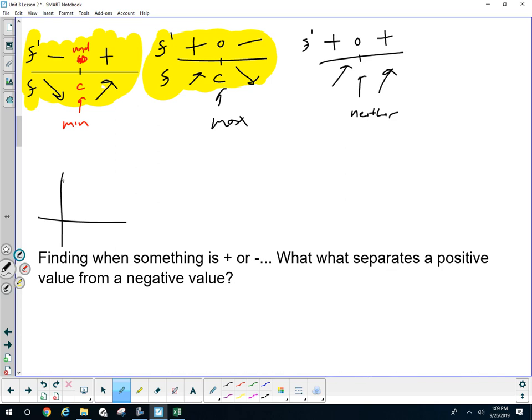What did you say, Mr. Core? Zeros. It's perfect. Here's some function. Here are positive values on my function right here. Here are negative values on my function, right? If we think about things being positive as above the x-axis, negative is below. What separates positive from negative values? Zeros.